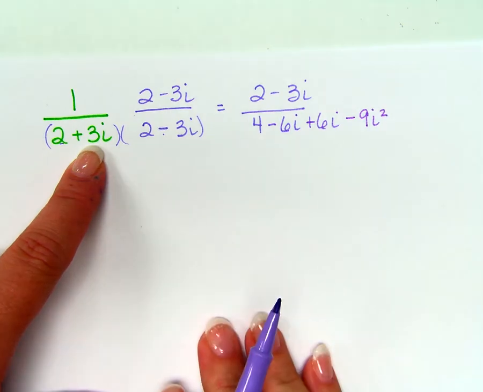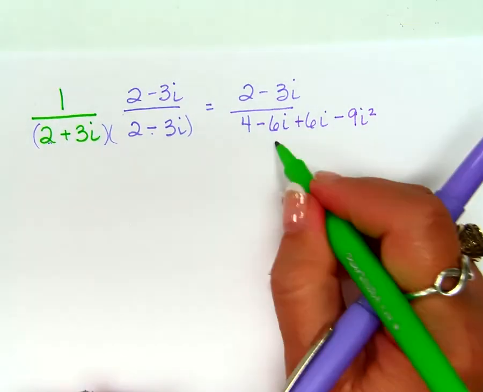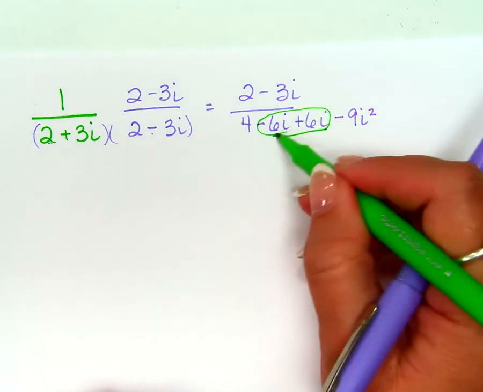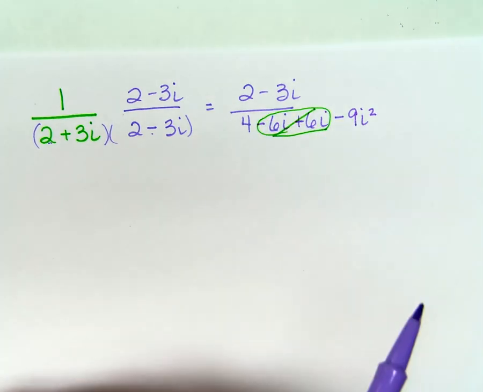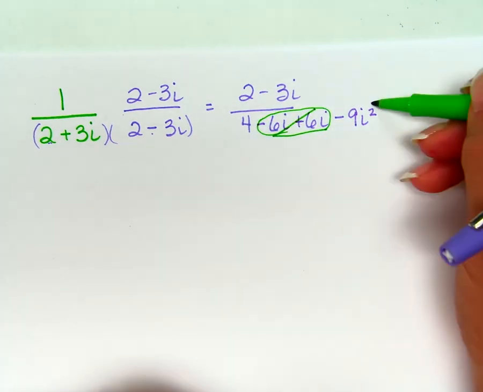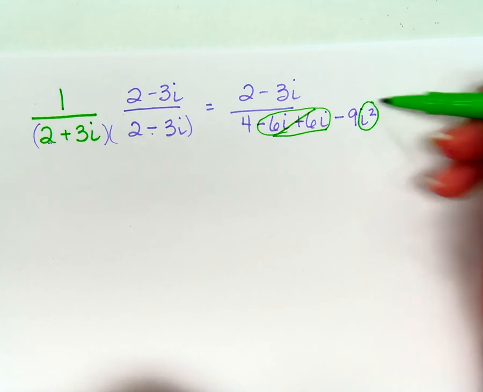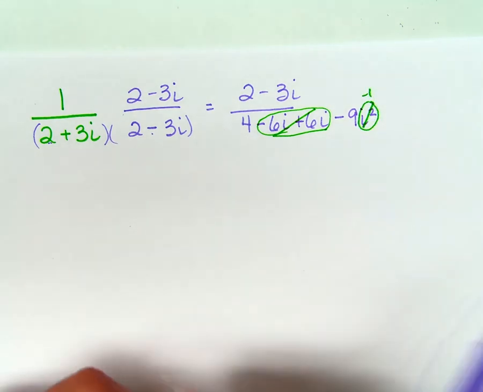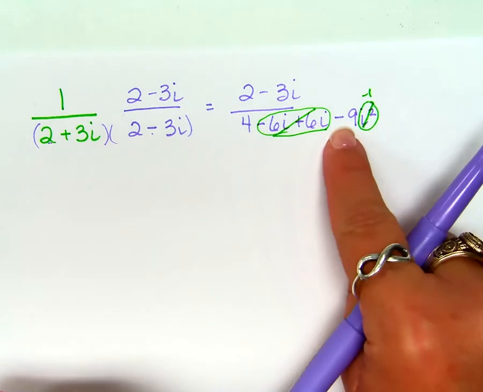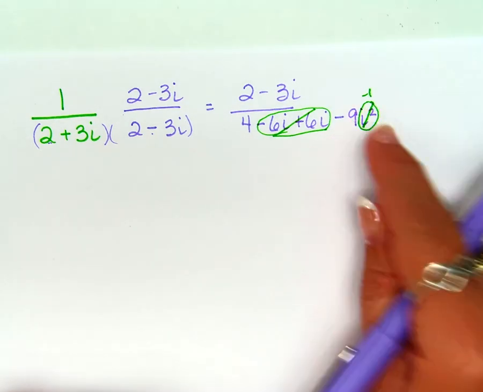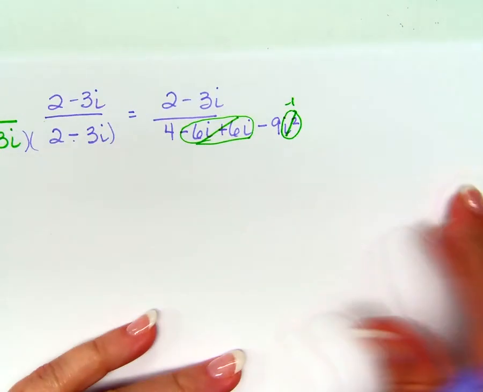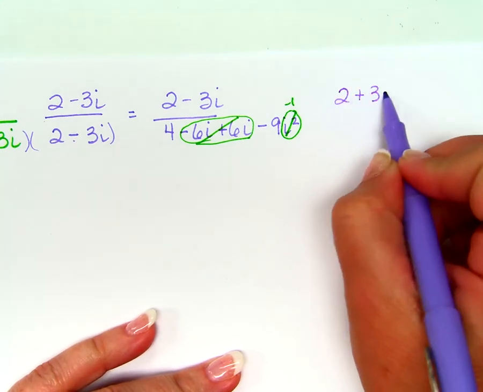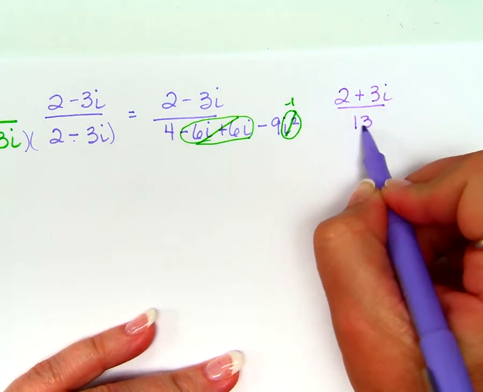What happens right here? 0. That is 0. We needed that. Because what happens right here? That's negative 1, right? So it becomes 4 minus negative 9, which is really 13. 4 plus 9. So I have 2 plus 3i over 13.